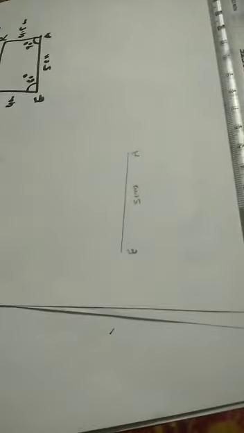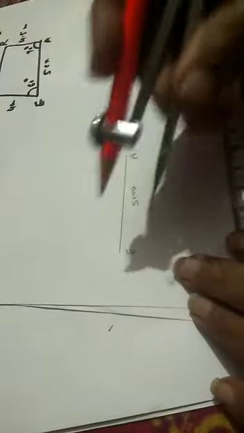So first of all, we have to draw base 5 centimeter. Then this is 5 centimeter, E, A. Now at point E, we have to draw 60 degree angle.